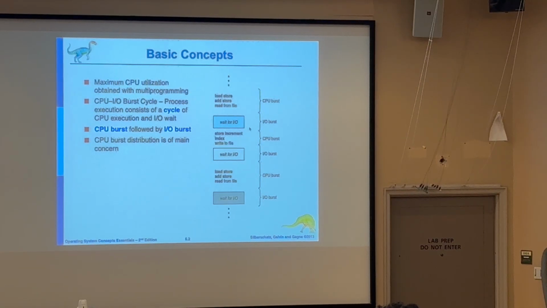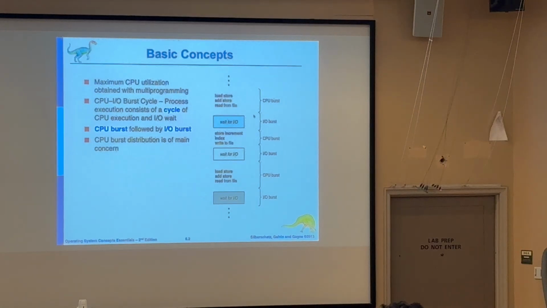Okay, and after this I/O burst, it gets the data it needs, and then it can continue to do CPU computation. So there's a CPU burst again. Then after that it does I/O again, and this alternates. So this is the typical execution life cycle of a program, interleaved with CPU burst, I/O burst, CPU burst, I/O burst.